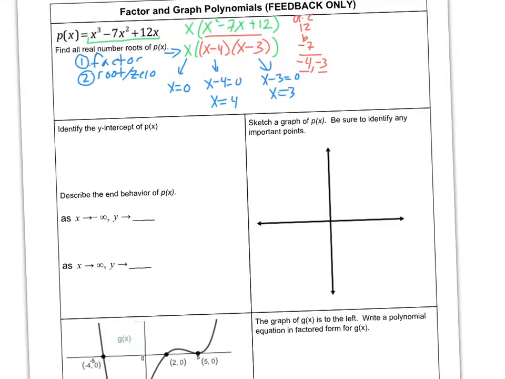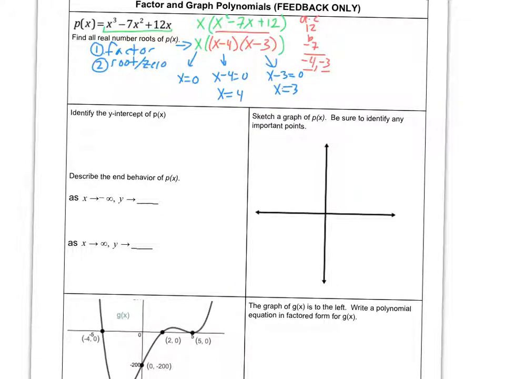All right. Just to kind of put these on the graph, we've got a point at 0, we've got one at 3, and we've got one at 4. Okay, the y-intercept is going to be at 0, because that's where we have that point.